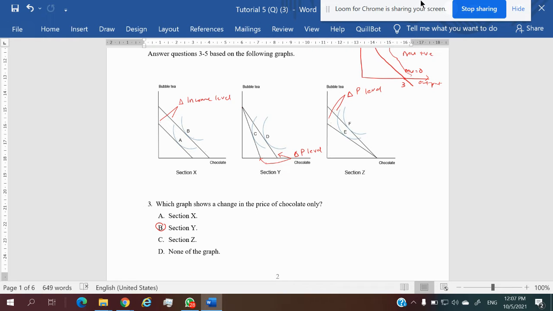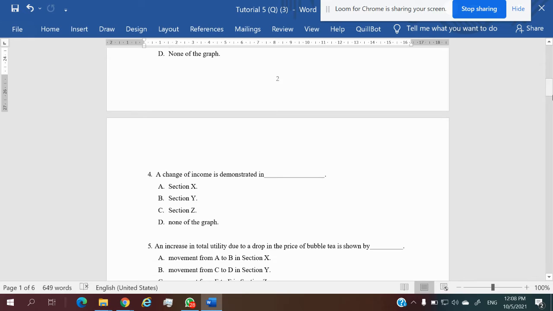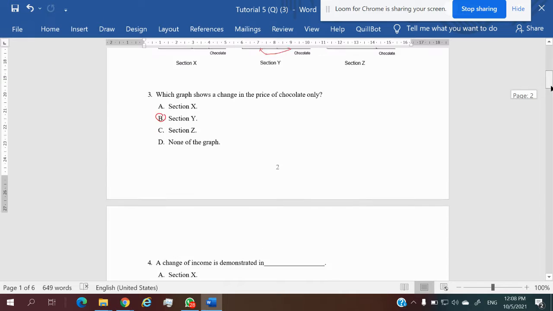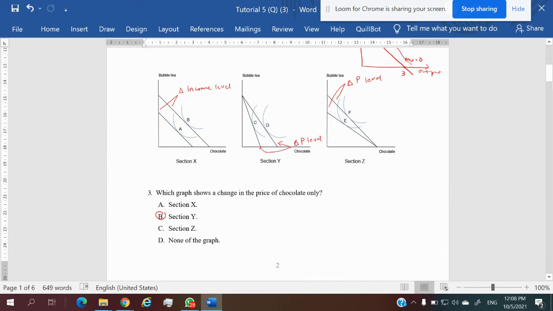Now, number 4, a change of income is demonstrated in, as I mentioned just now, if the change in your budget line is consistent, where you can see both the budget lines for bubble tea and chocolate shift to the right like this, it's showing that the income level has increased.